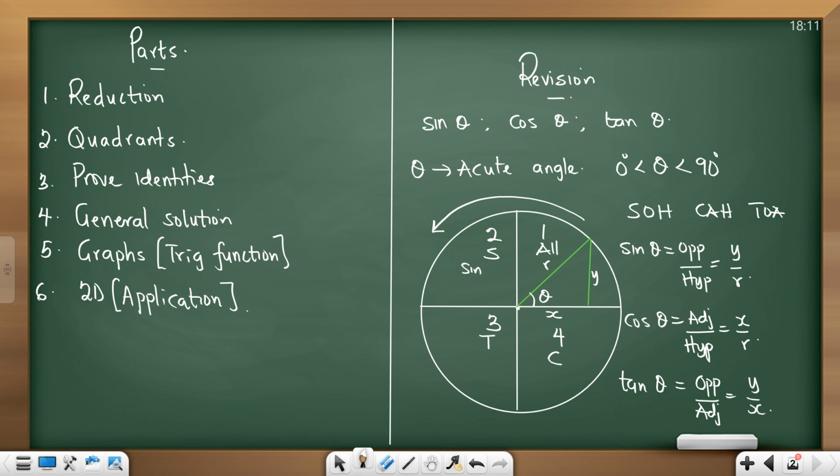Only sine is positive, so we're saying sine theta is greater than 0. Here, tan theta is positive, greater than 0. And here, only cos, and we are moving anti-clockwise. I hope you remember that from grade 10.